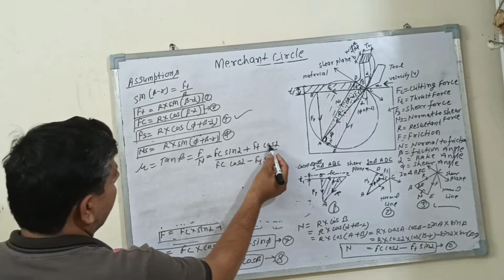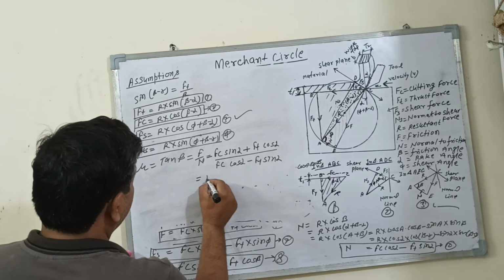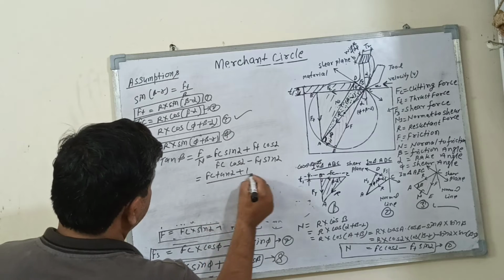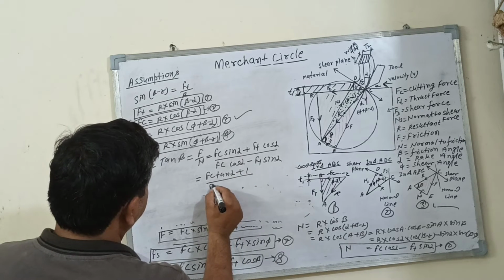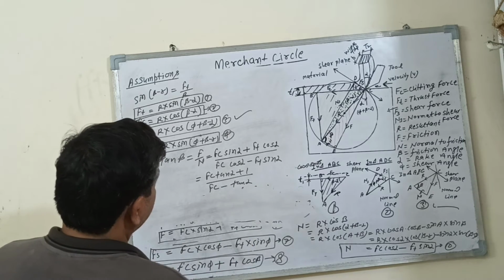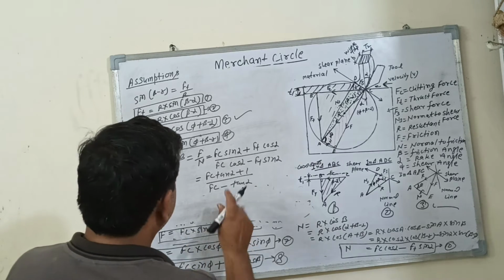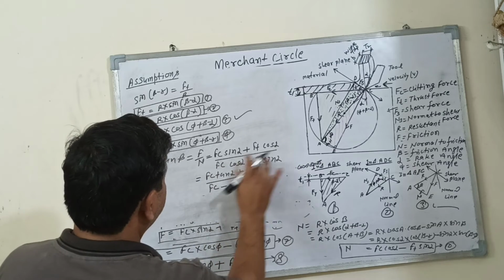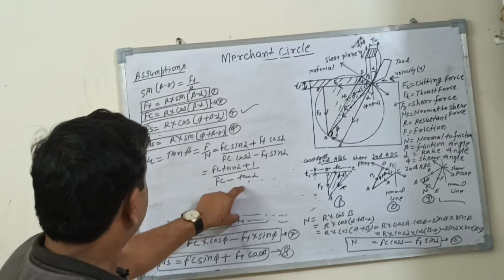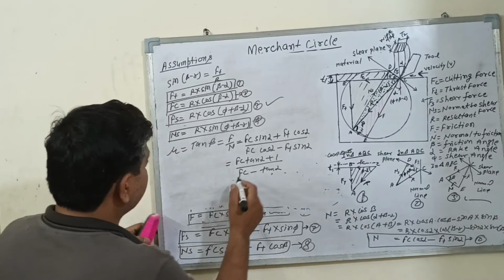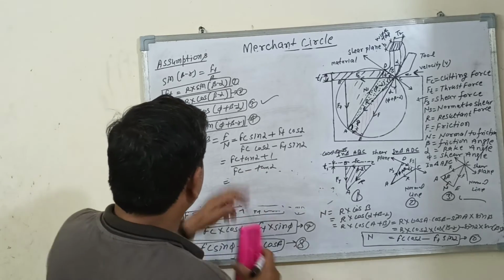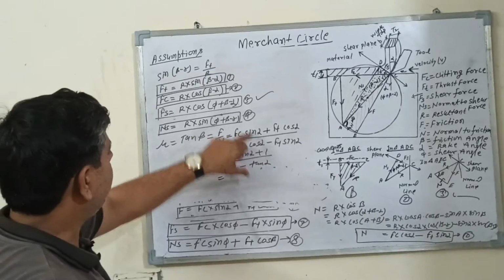Divide by cos alpha, which is equal to Fc tan alpha plus 1 divided by Fc minus tan alpha. Fc divided by the cos, this is Fc. So you can write here Fc tan alpha divided by Ft.